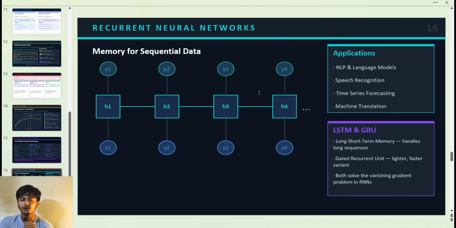However, standard RNNs often struggle with long sequences due to the vanishing gradient problem. To solve this, we use specialized units like LSTMs and GRUs, which use gates to decide exactly what information to remember and what to forget over long times.